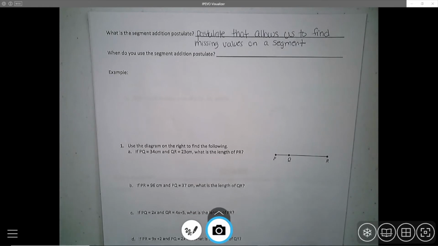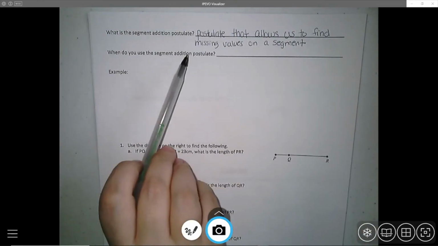When do you use the segment addition postulate? It all comes down to what it is.